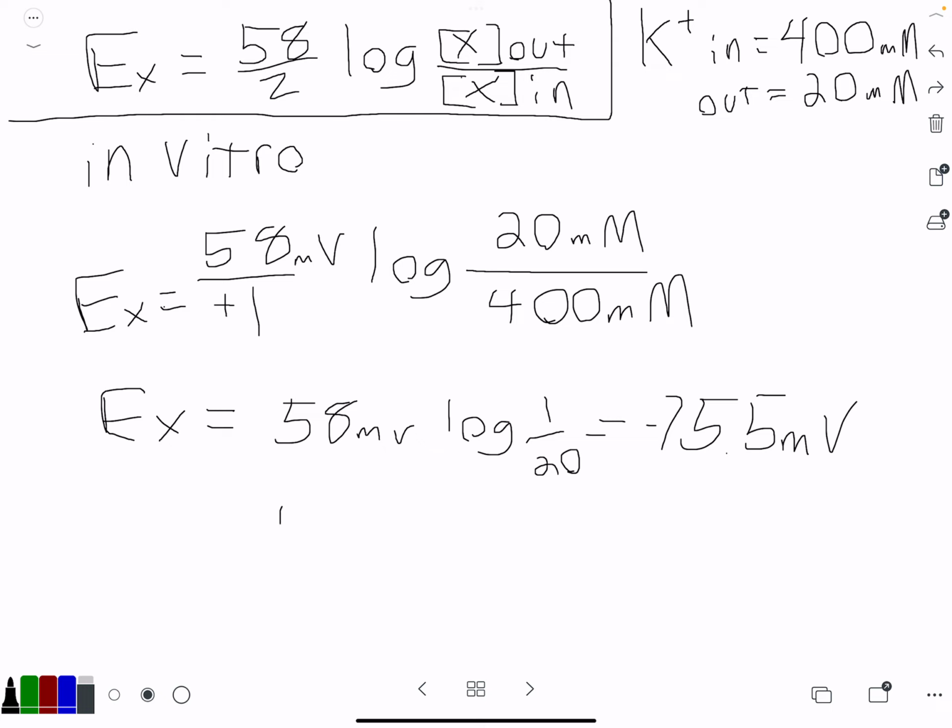It ends up being, I'll do another intermediary here, 58 times negative 1.3. And that's where the negative number comes from. So that's a simple example. You will, for sure, see something like this on the exam.